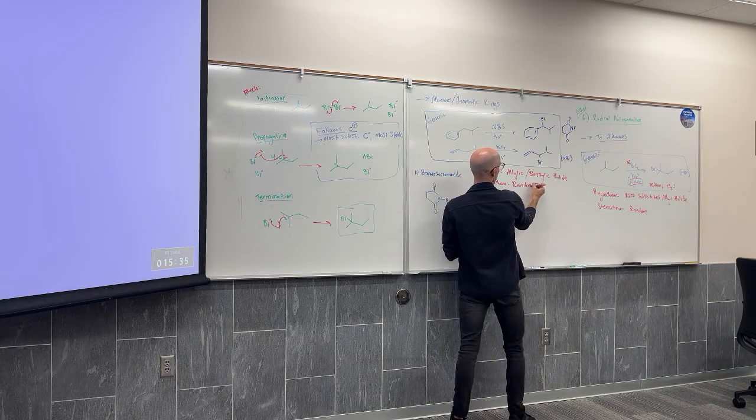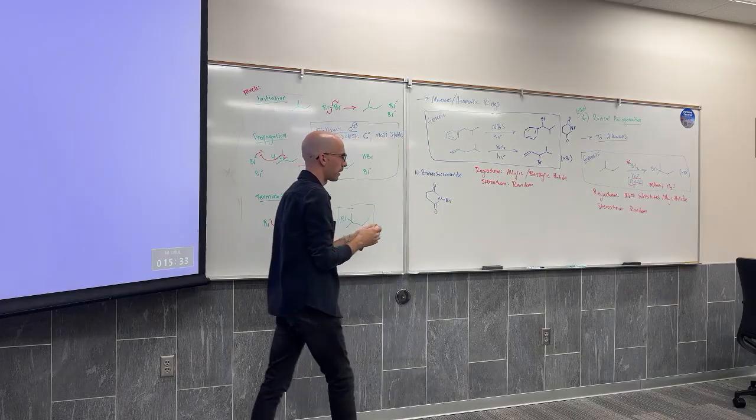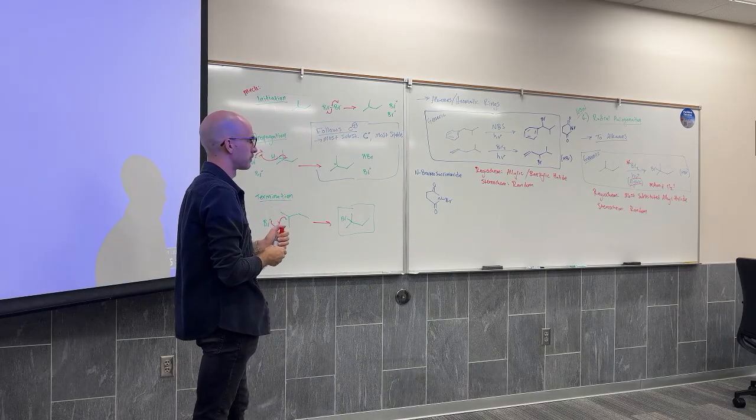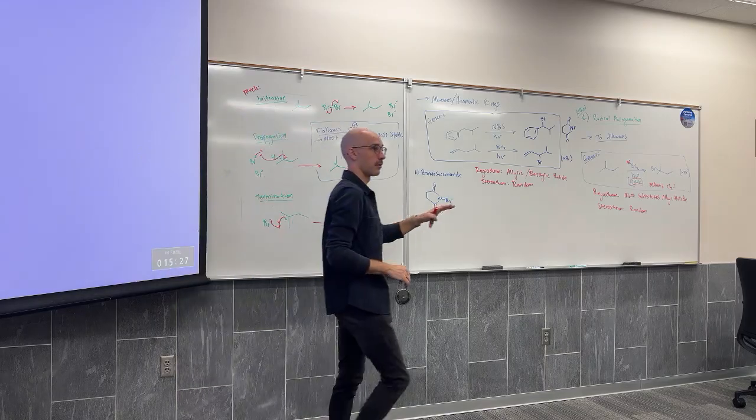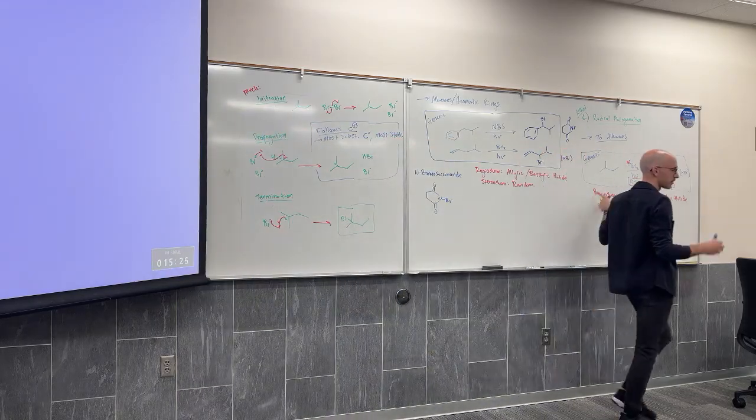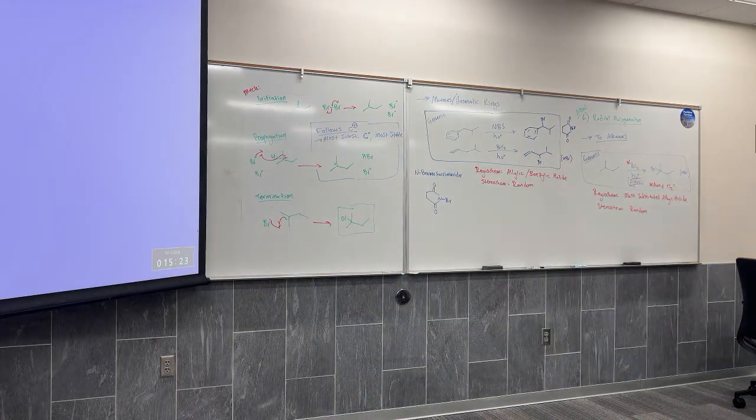If you make a chiral carbon, you will make both configurations. So the question is why? We explained the regiochemistry of radical halogenation to alkanes. Can we explain the regiochemistry of radical halogenation to alkenes and to aromatic rings?